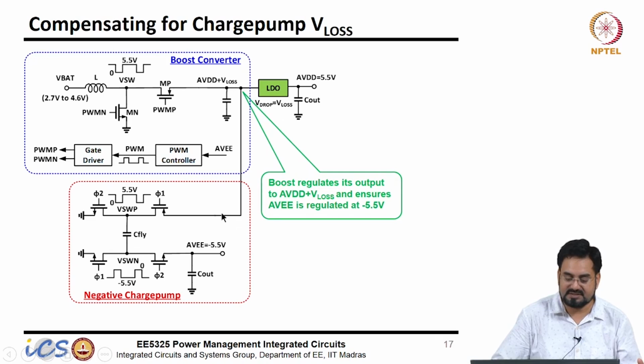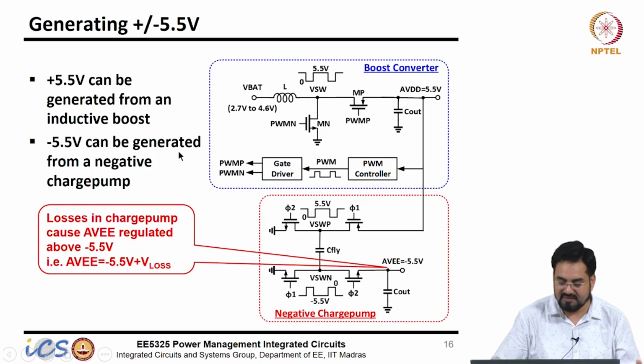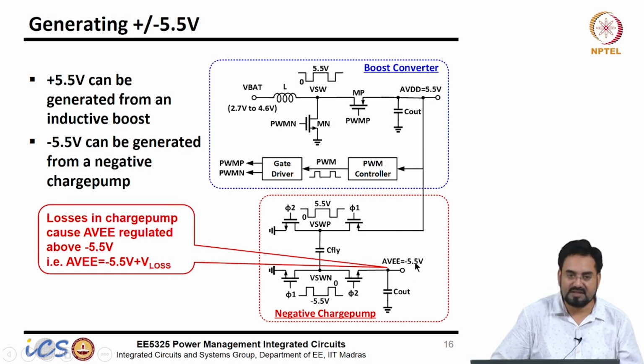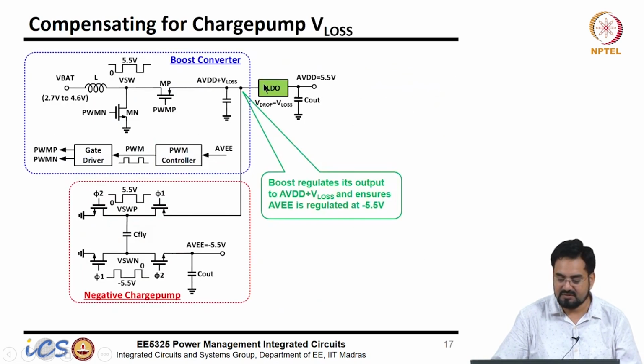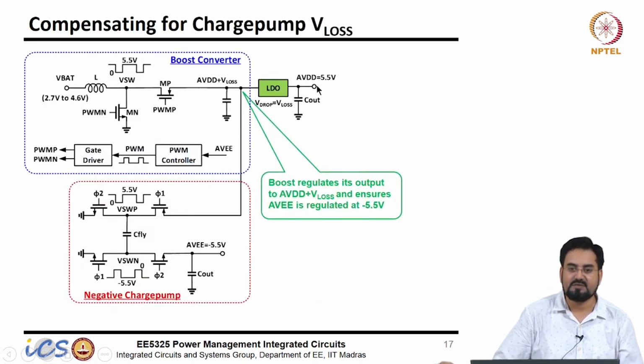In order to fix that, let us say I am getting 100 millivolt less, minus 5.4 volt. To get minus 5.5 volt back, I can regulate this voltage at 5.6 volt, 100 millivolt higher, so that I get minus 5.5 volt, and then the extra 100 millivolt I can drop in the LDO, which will give me 5.5 volt.